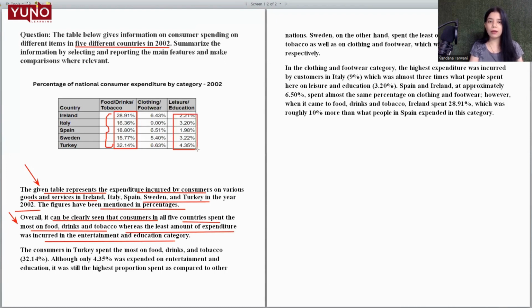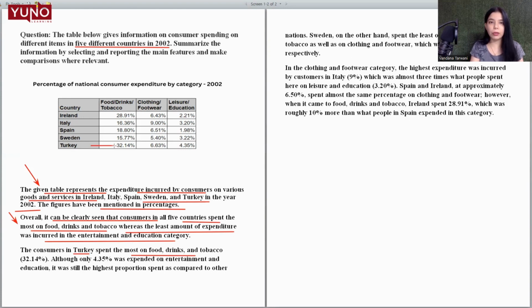Now in body paragraph 1 and body paragraph 2, we are going to reveal the data, but not in a monotonous way. We are going to compare and contrast different categories. Let's see how. In body paragraph 1, we are talking about Turkey, and we are saying the consumers in Turkey spent the most on food, drinks, and tobacco, that is 32.14%.